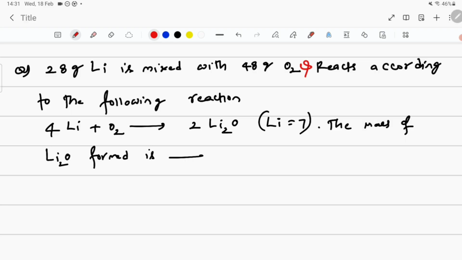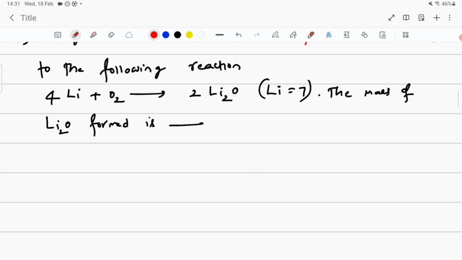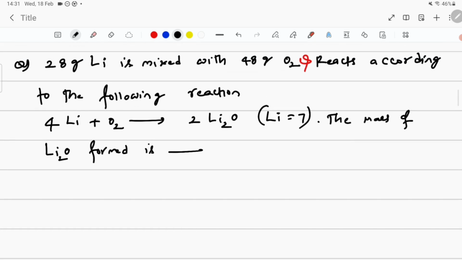They gave the reaction also in the question. The mass of Li2O formed; they are asking about the product amount. So if I write the reaction here once again: 4Li plus O2 giving 2Li2O.